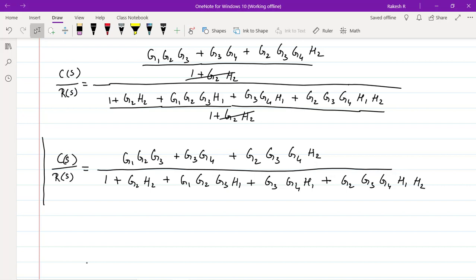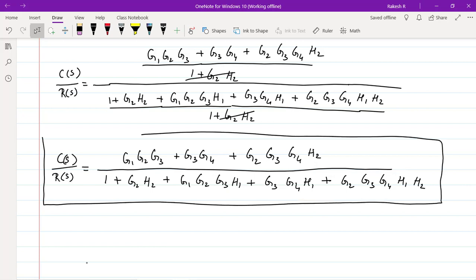This is the overall transfer function for a given system here.